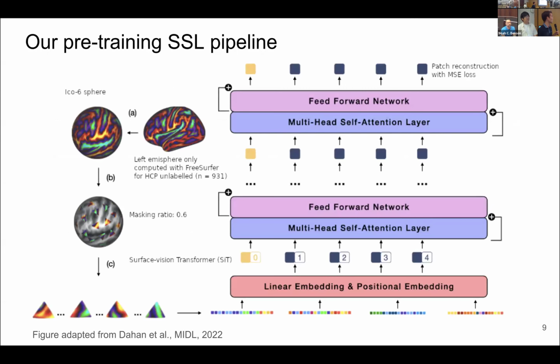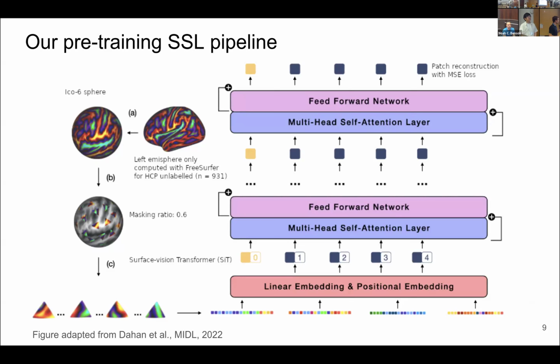In this slide, you can see our self-supervised pre-training pipeline. The idea is that we start from a mesh that represents the surface derived with FreeSurfer from the HCP data. We project it onto a sphere, and this is done mainly to make the next step easier. We split this sphere into triangular patches, and we mask 60% of them, meaning that we replace them with a learnable token.